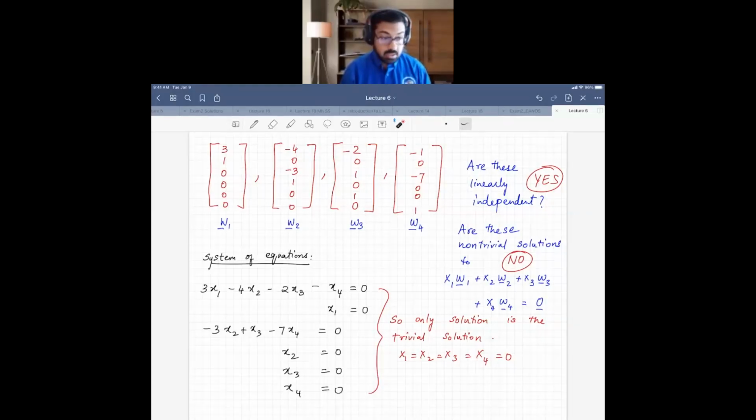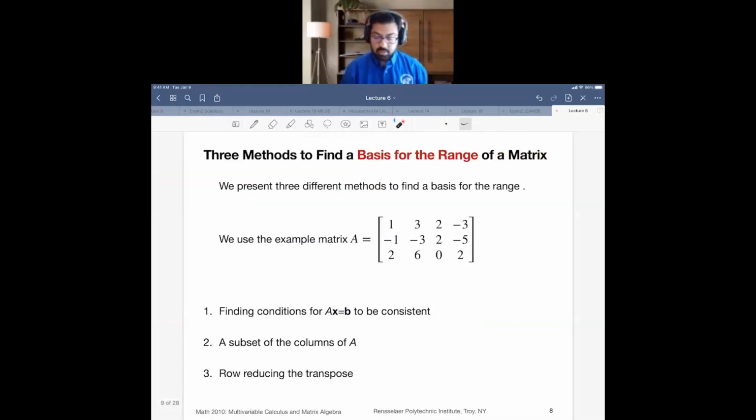All right, let's try to move on here. So let us try to find a basis for the range of the matrix. You guys remember what the range of a matrix is? The range of a matrix is AX, right? So you take any matrix A and you multiply with some X that belongs to your subspace.